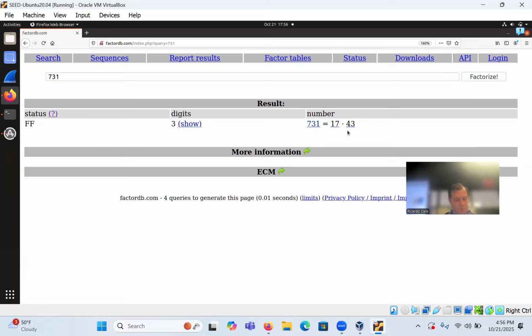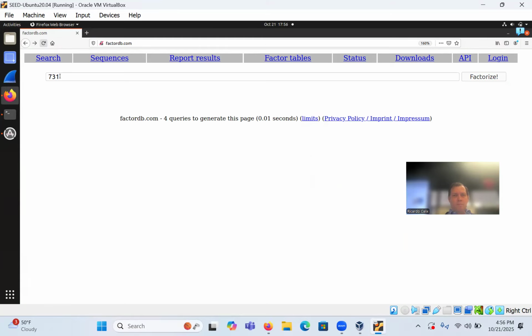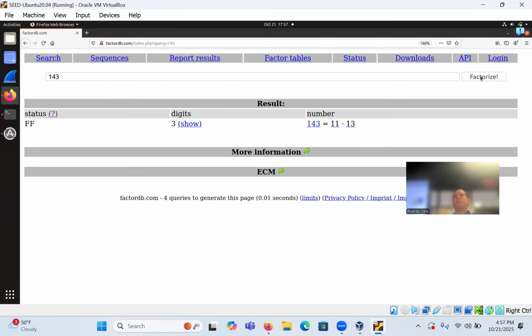All right, so let's just do a couple more, and then you can start trying to solve the challenge. So we did that one, and then we did this one. So 143 factorized is 11 and 13. That was problem number two that we did today.